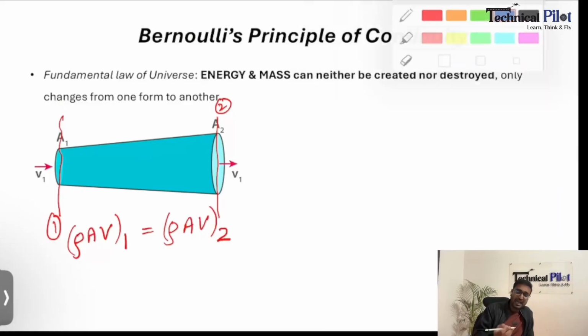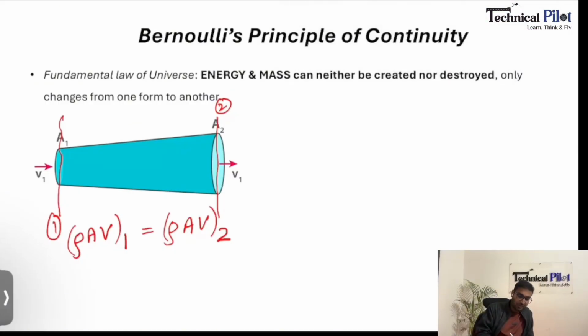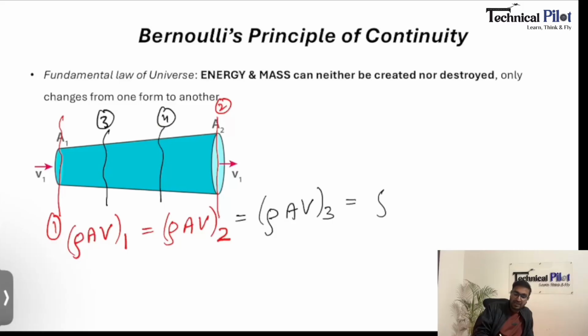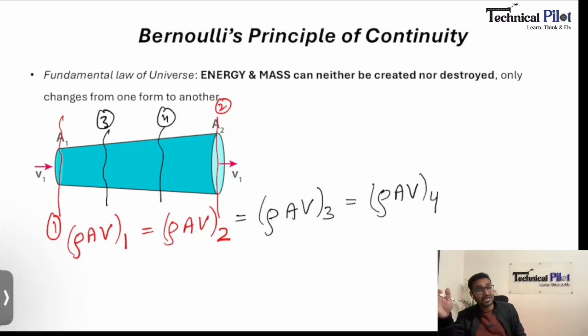If you take any section along the tube, section 3, section 4, you will find that the product of density into area into velocity at section 3 and at section 4, all of these are the same.